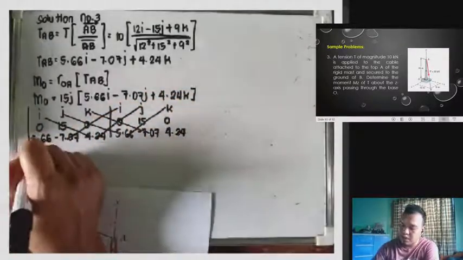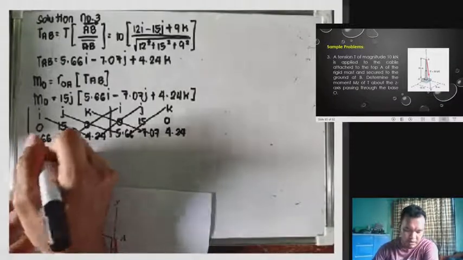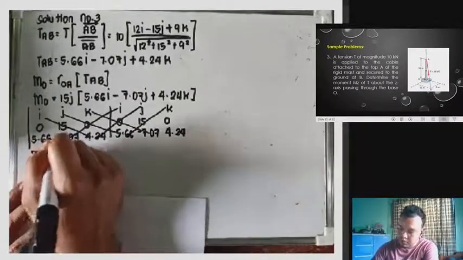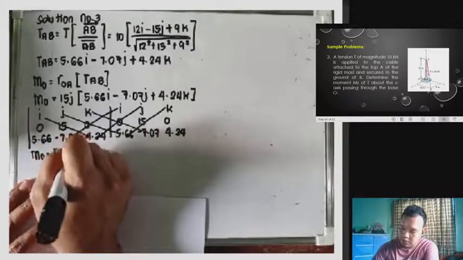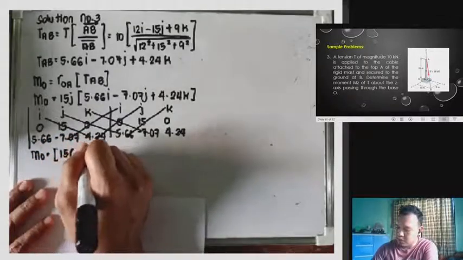So, lalabas po dyan, MO is equivalent kay 15 multiplied by 4.24. Ito po yun.